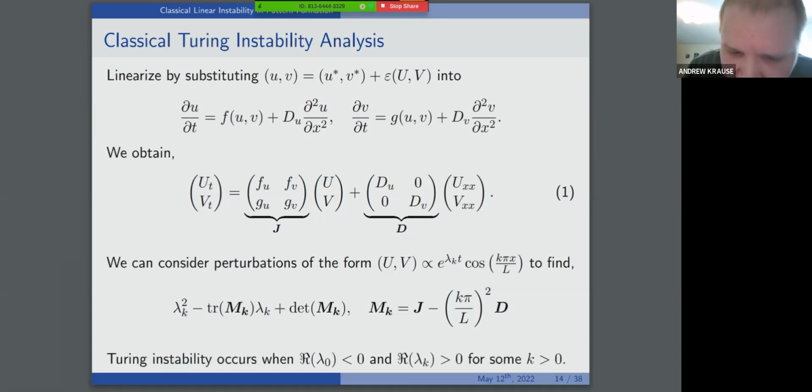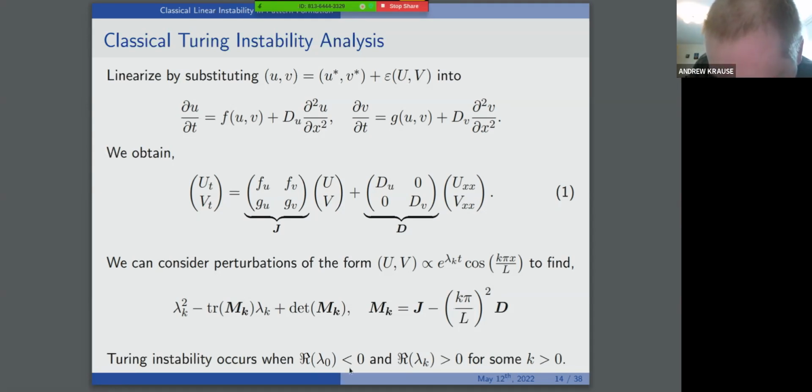A Turing instability is exactly when k is 0. So I have a homogeneous perturbation. This would be a perturbation for my ODE system. If the growth rates to such perturbations have a negative real part so that they don't grow in time, then a Turing instability is when a growth rate to some spatial perturbation, so some cosine mode, grows in time.